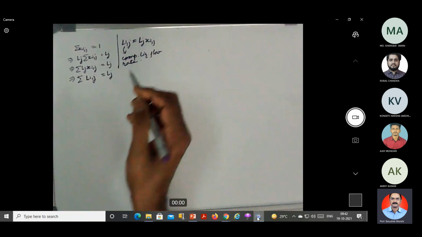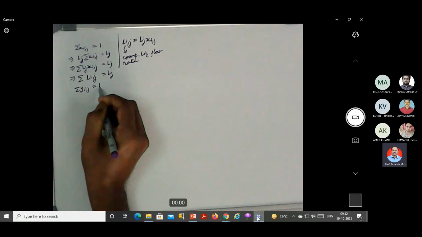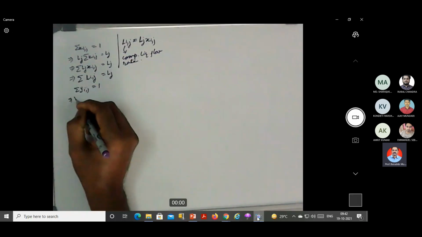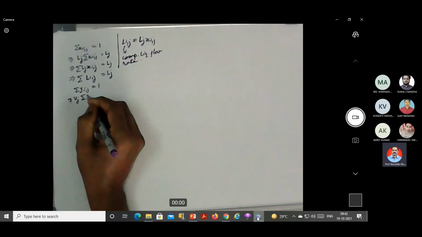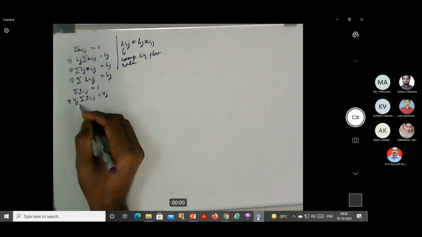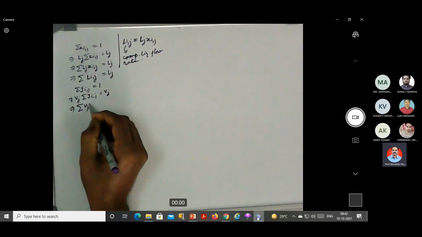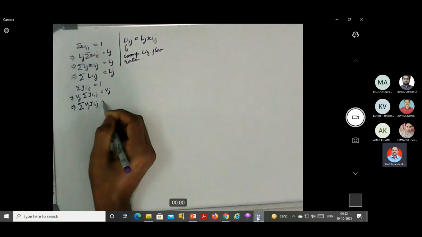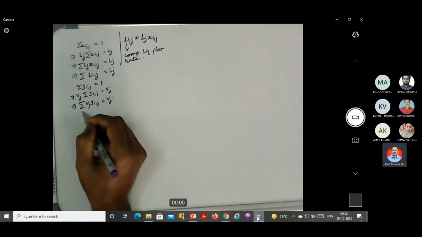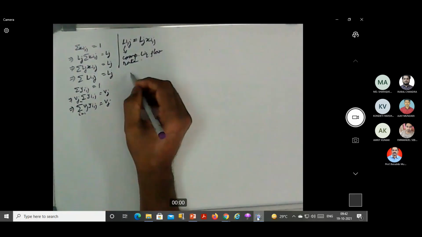Okay. Similarly, for vapor phase, you can write sigma Yij equal to 1. Multiply both sides by Vj. So Vj into Yij equal to Vj. If we take Vj inside, then you can write sum of Vj into Yij equal to Vj, i equal to 1 to C. Now what is Vj into Yij?